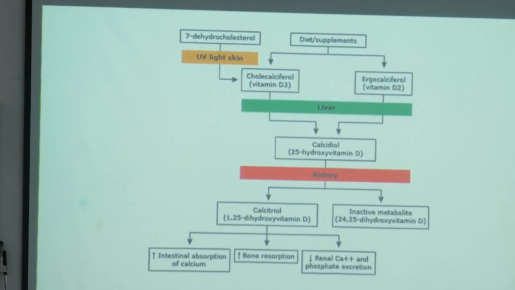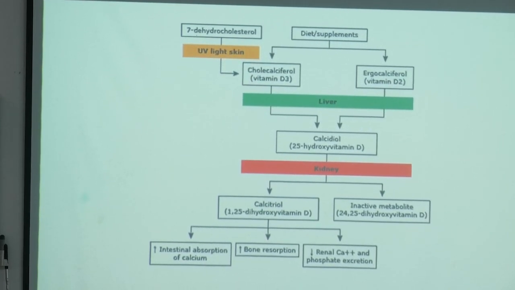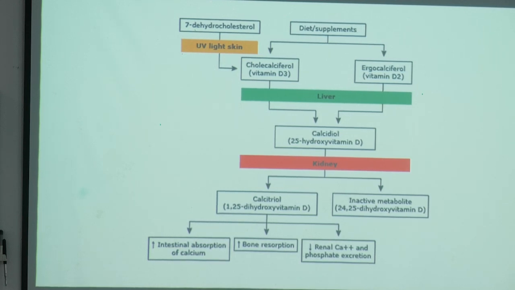Even after 3 p.m., that is not helpful. Helpful exposure is 11 a.m. to 3 p.m. Within this period, if you give 30 minutes of exposure with 40% of the skin surface exposed to sunlight, that will give rise to synthesis of vitamin D for 1 week.